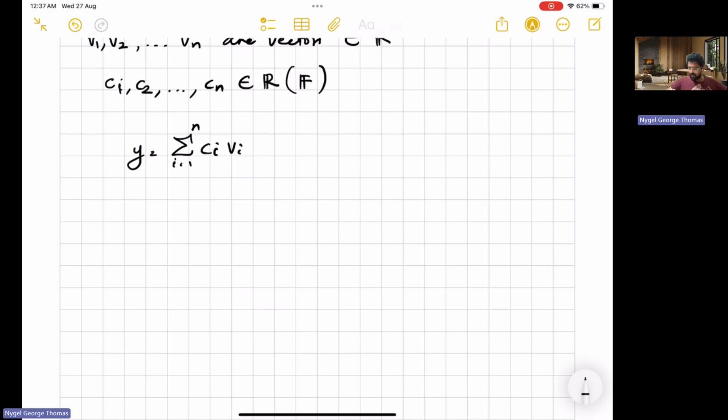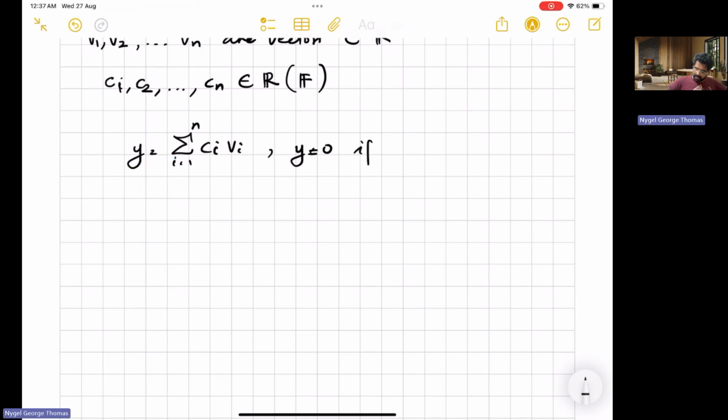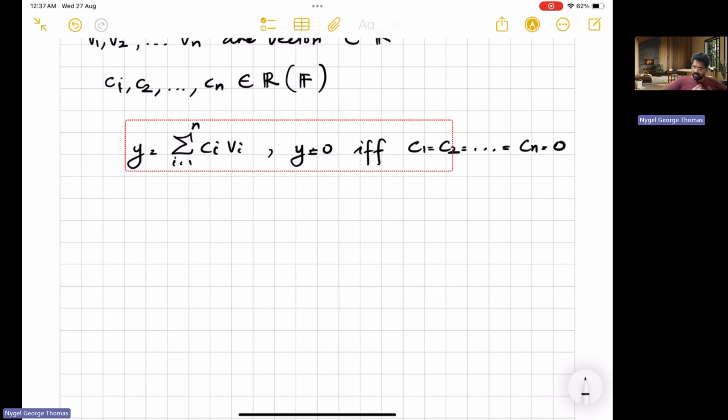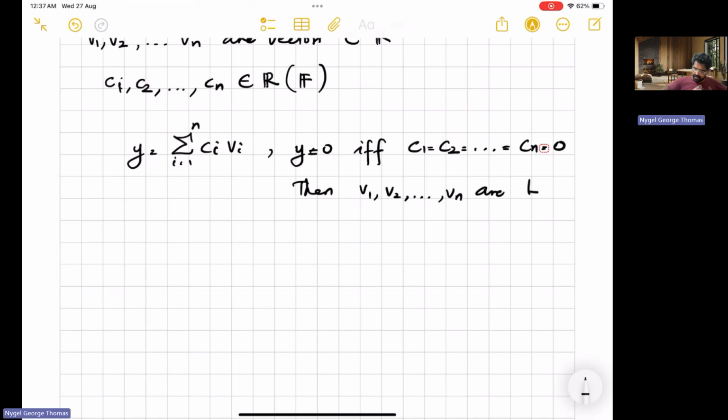This is one linear combination vector, and if y is equal to 0 only if c1 equal to c2, etc., is equal to cn equal to 0, then v1, v2, etc., vn are linearly independent. So what does this mean?